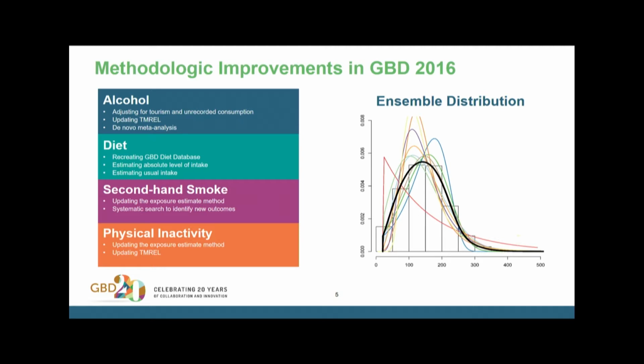Also, we take into account the within-person variation, and this year estimate the usual intake rather than daily intake. Also, new methods were developed for estimating second-hand smoke and physical inactivity. Additionally, this year we used an ensemble technique to combine commonly used types of probability density functions to create a new distribution that better fits the individual level data for each risk factor.